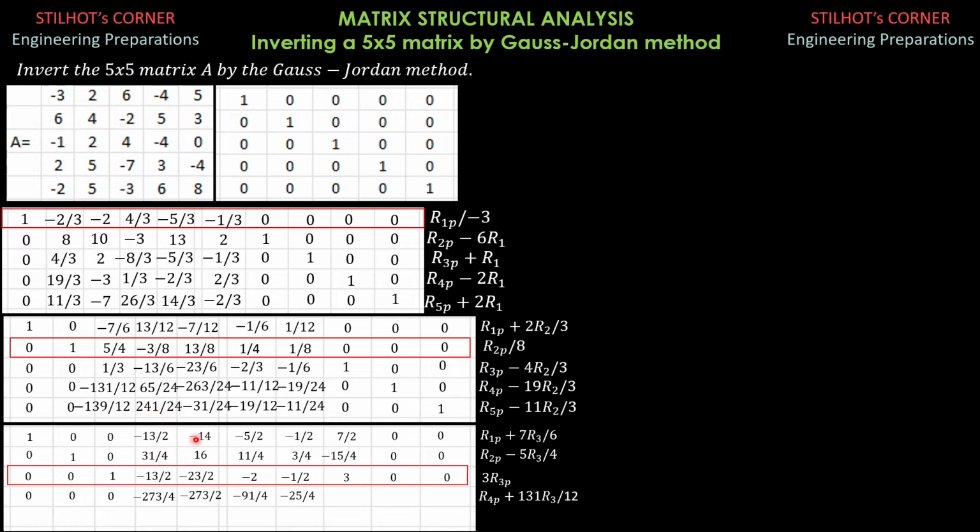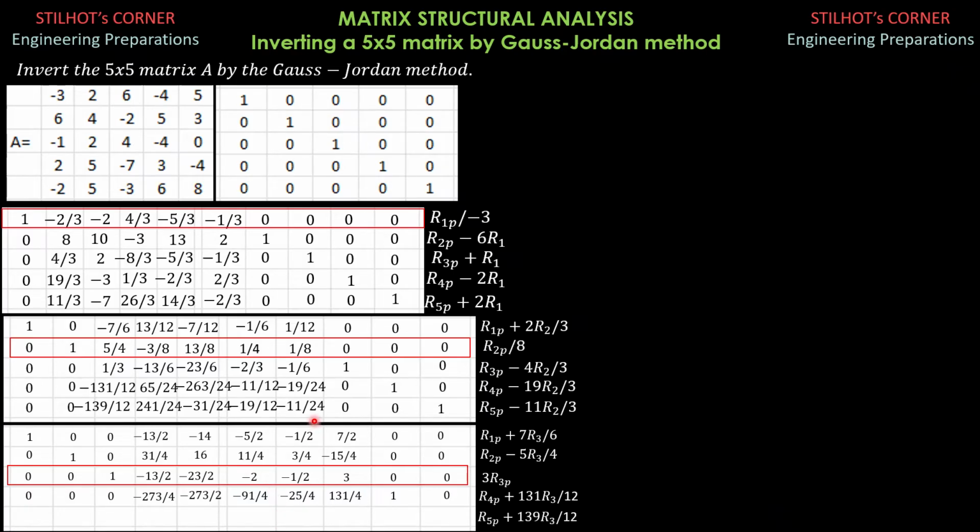241 over 24 plus 139 over 12 of negative 13 over 2 is negative 261 over 4. Negative 31 over 24 plus 139 over 12 times negative 23 over 2, that's negative 269 over 2. Then negative 19 over 12 plus 139 over 12 of negative 2, that's negative 99 over 4.